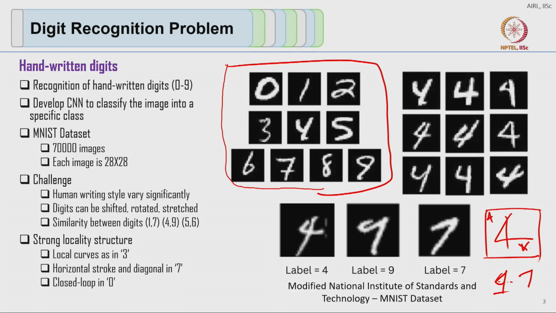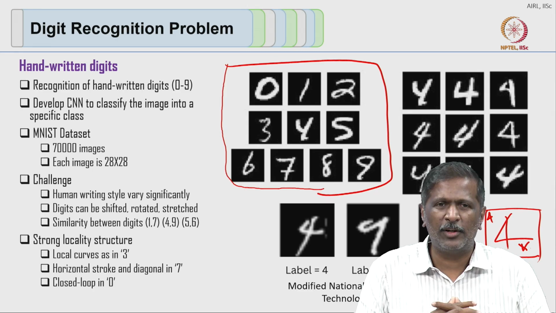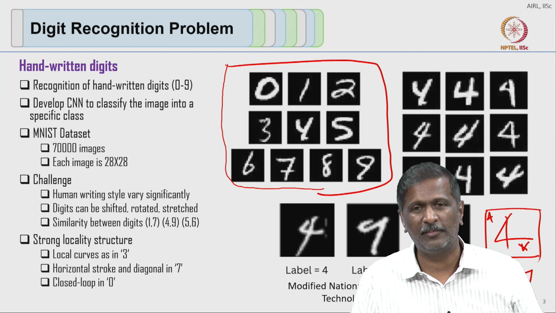Is there a horizontal stroke? Is there a vertical stroke, or a slanted stroke? I need to identify whether there is a curve, whether there is any loop. If you look at number 8, it has two closed loops. So these are the things that I want to extract, and that becomes my local feature.